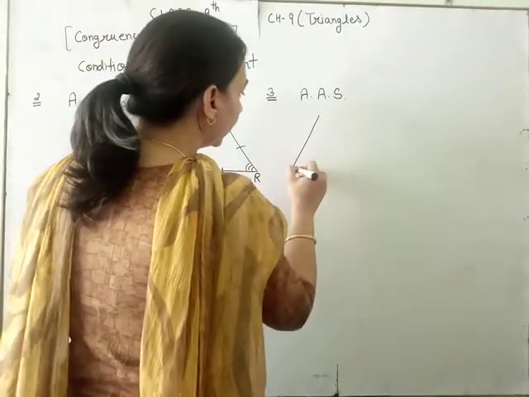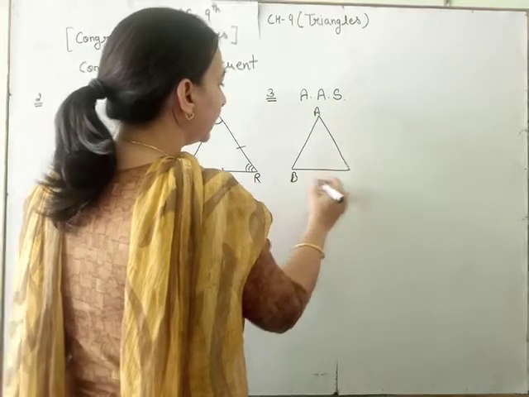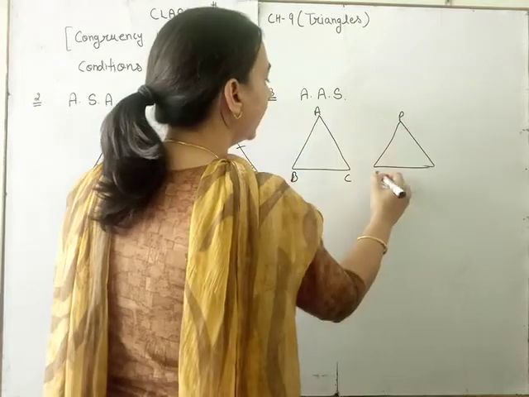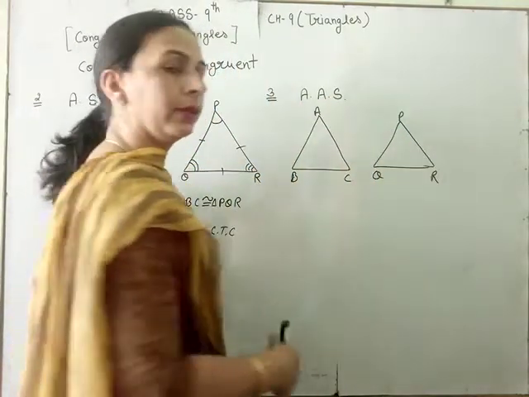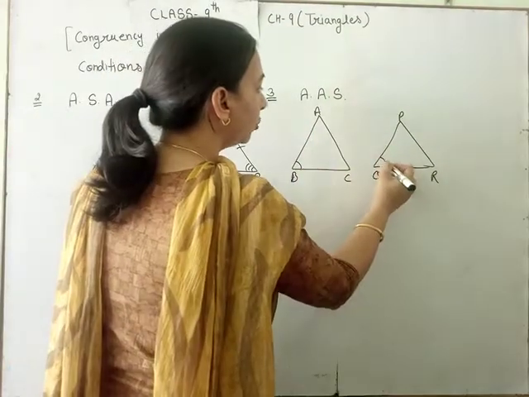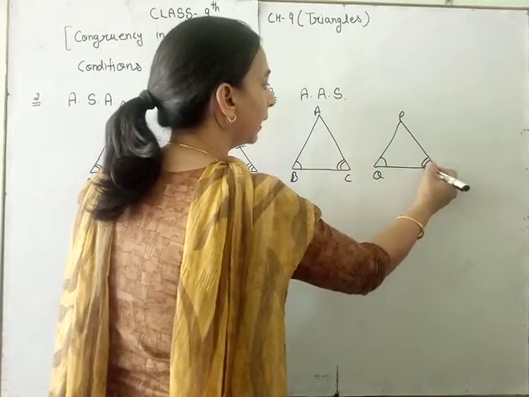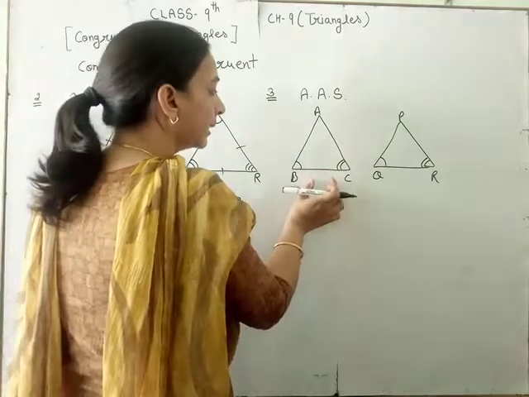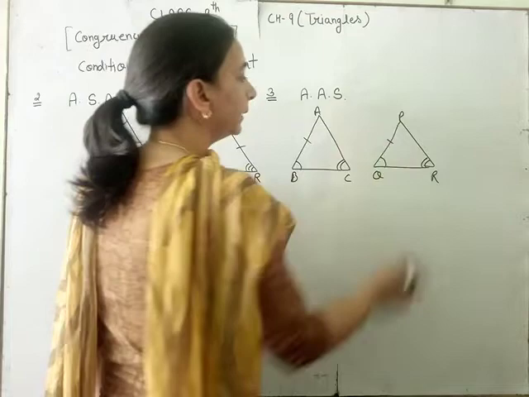We have two triangles, ABC and triangle PQR. Two angles of one triangle equal to two angles of the other triangle. Let angle B equal to angle Q, angle C equal to angle R. But this is not the included side. Let us take not this side, let us take this side.